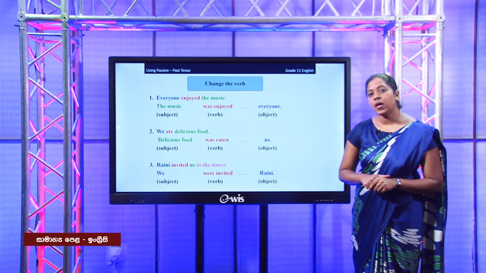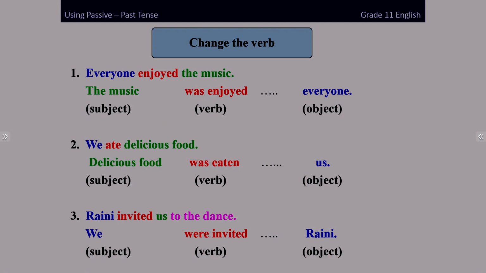Invited, were invited. What do you understand by this? When you are changing the verb into passive form, remember to use the appropriate helping verb. So the helping verb we must use when we convert a past active sentence into passive are was and were.